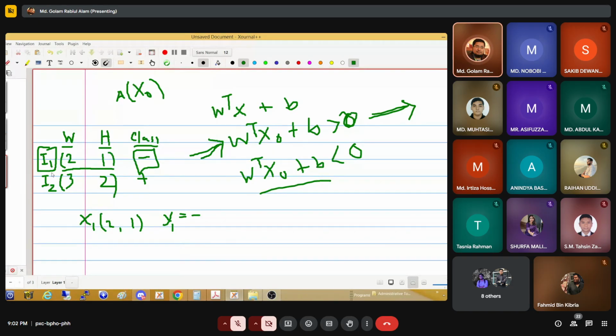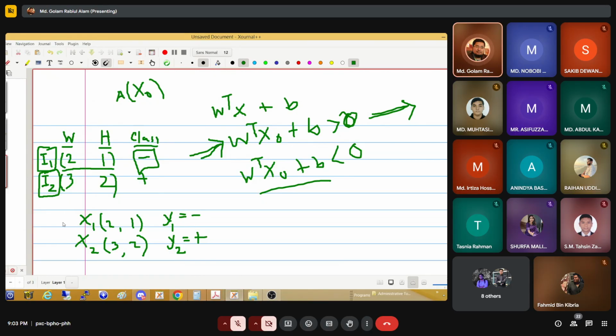Similarly, this is individual number 2, our x2, and the feature values are 3 and 2. The corresponding y2 is positive.